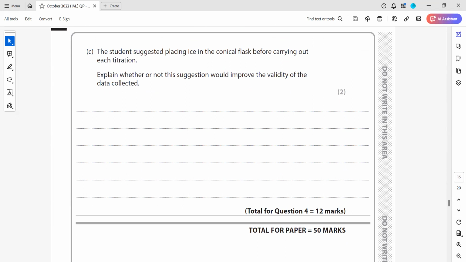This reaction, even when we reflux under a condenser, is done for 4.5 hours. So this reaction has a very high activation energy. Even when we are boiling and refluxing under a condenser, the reaction is slow. So how would the ice reduce the rate of this reaction?